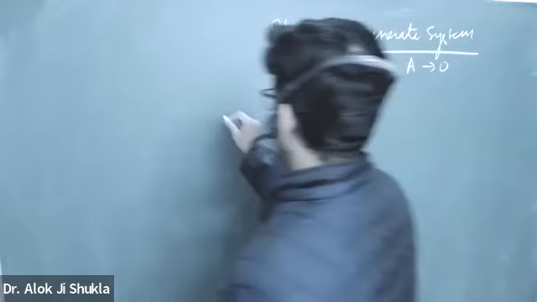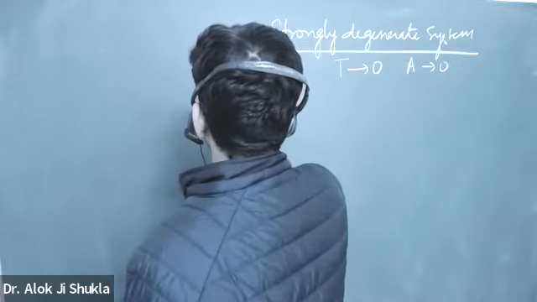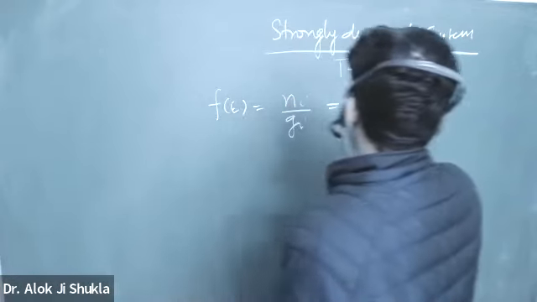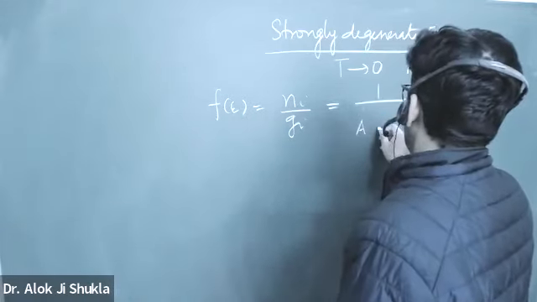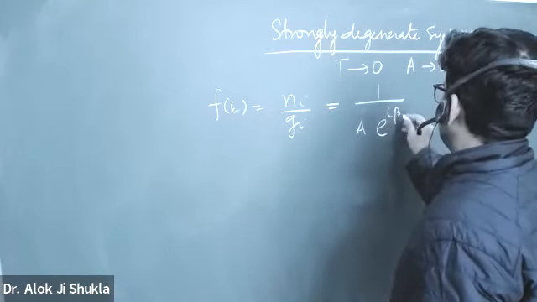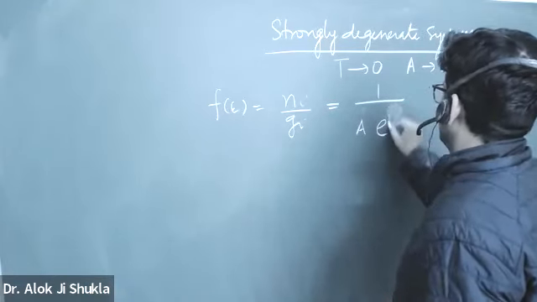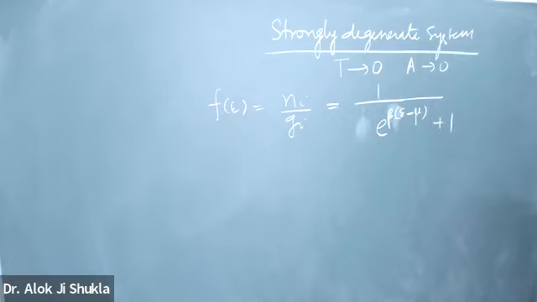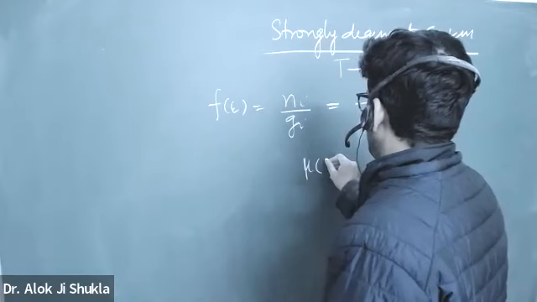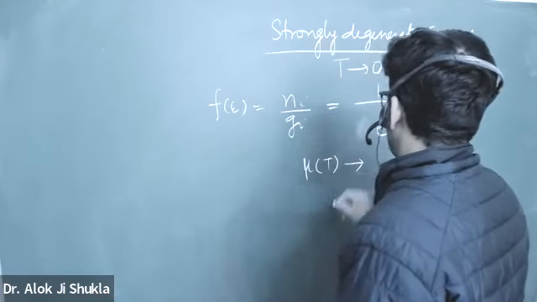So in this case, what I am going to do is Fe, which is Ni by Gi, is equal to 1 upon A e to the power beta (E minus mu) plus 1. This is the situation. And this chemical potential is actually a function of temperature.